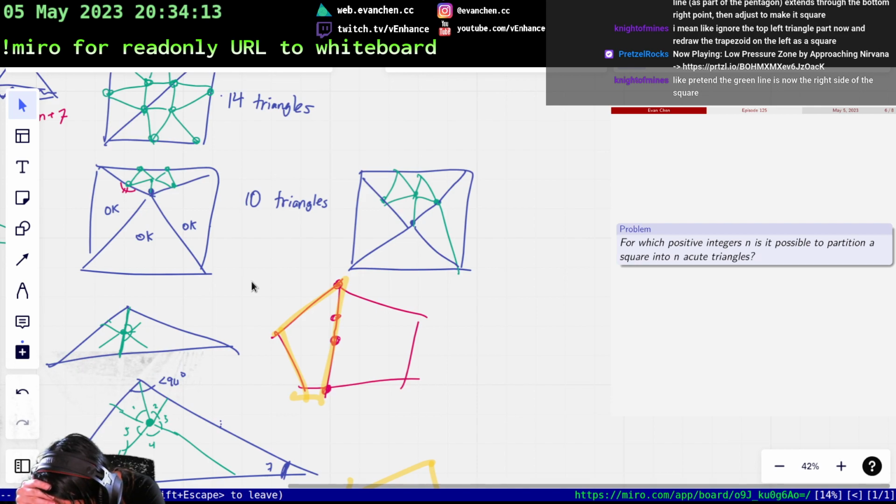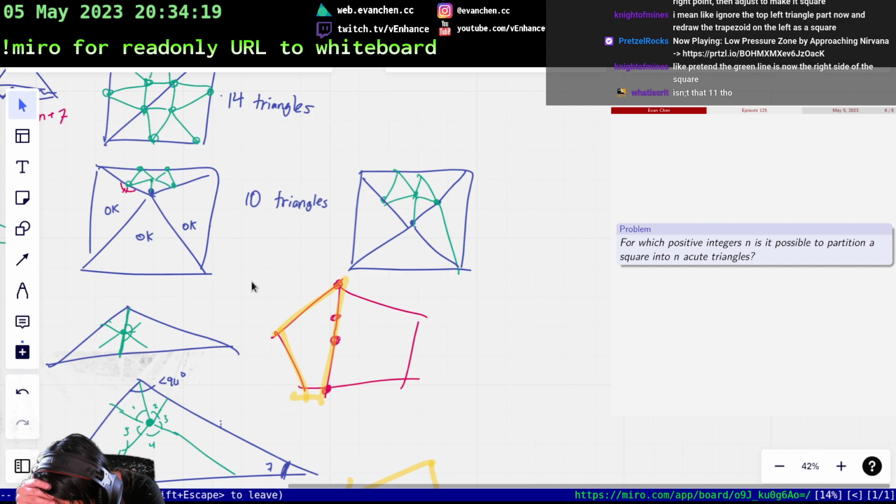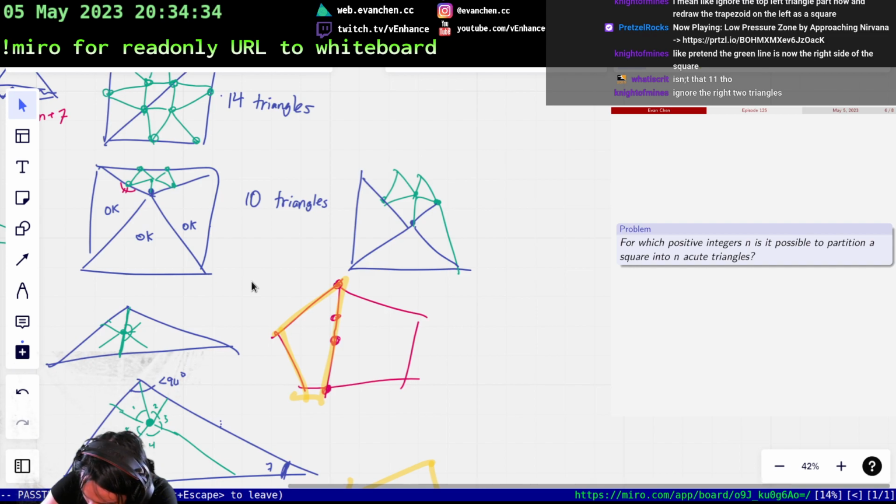Isn't this like 11 triangles? This is 11, right? Oh, the pretend... Okay, then you want me to cut this and do that? And then fudge it? Okay, now I'm really confused.